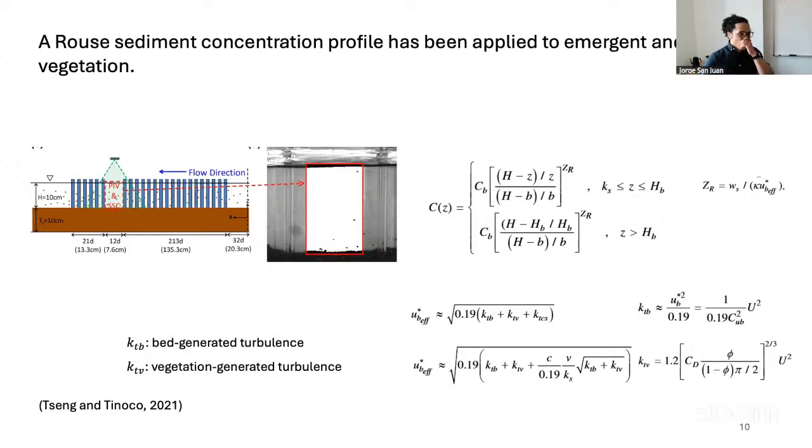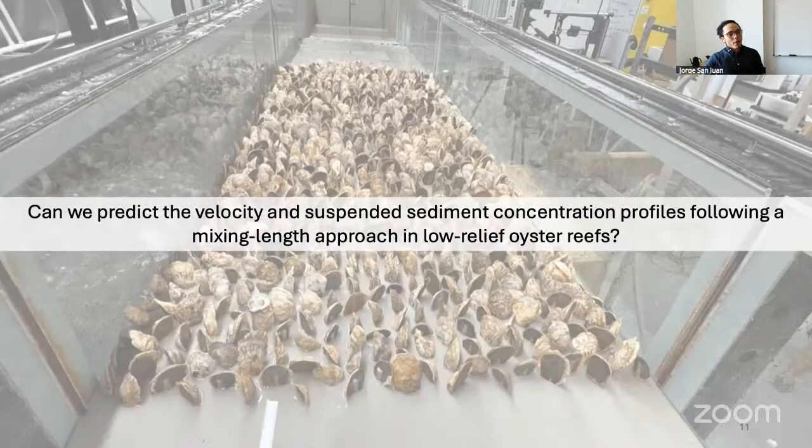So the question that we want to approach in this study is, can we predict the velocity profile and suspended sediment concentration following a simple mixing length approach in low relief oysters?